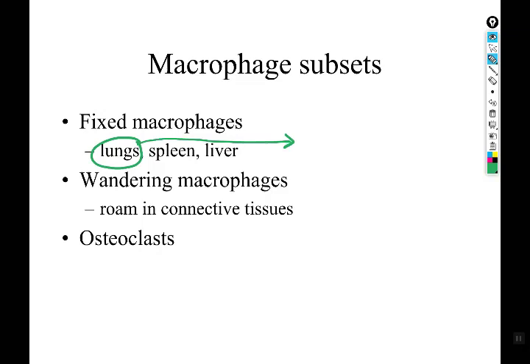So little bits of dust and other particulate matter do end up in the alveoli of our lungs, and the reason that it doesn't build up constantly and cause cancer or pulmonary obstruction is partially due to cell turnover and partially due to macrophages wandering around in your lungs, hoovering up little bits of dust. So that's an example. Wandering macrophages roam around in connective tissues looking for bad guys.